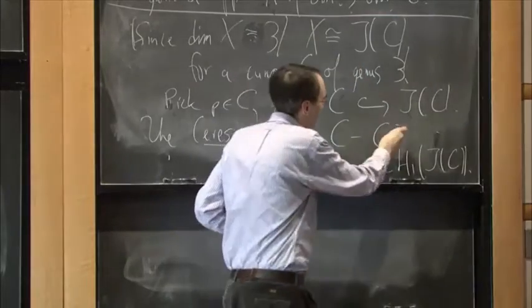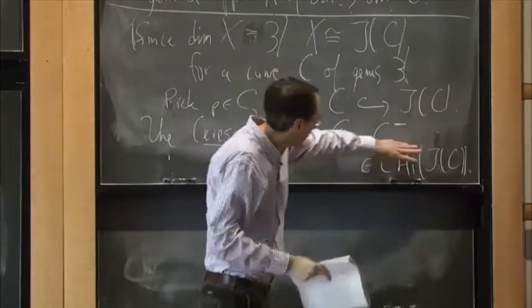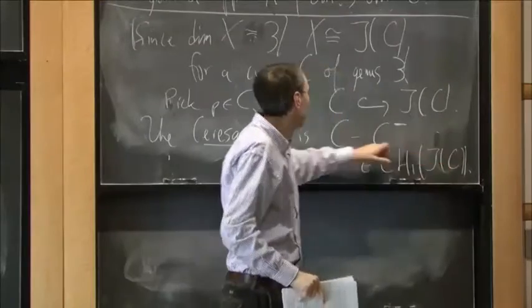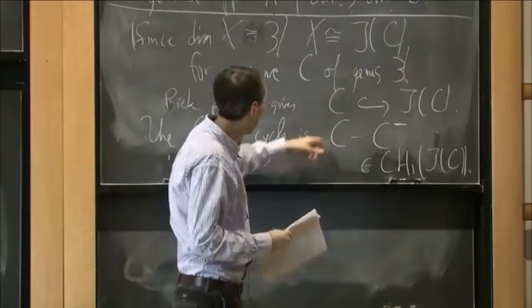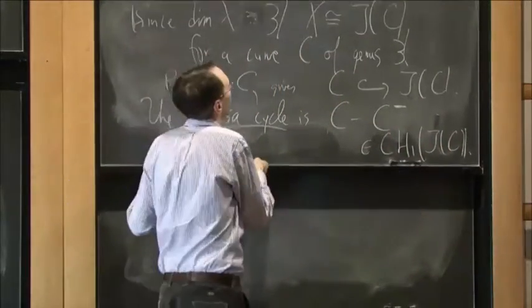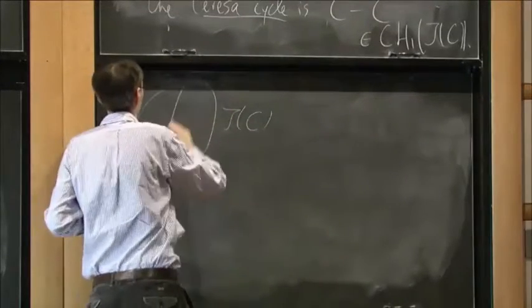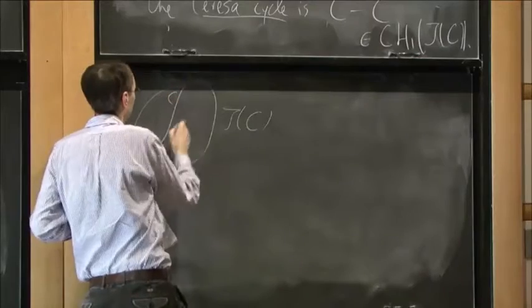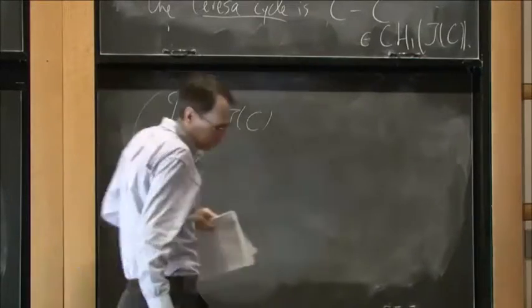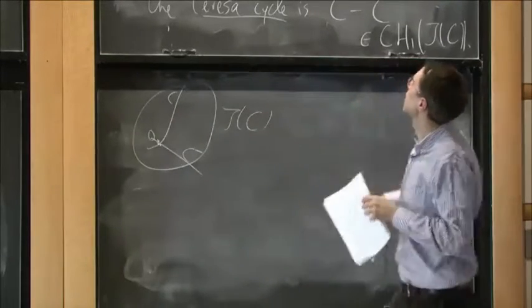So this means you apply the automorphism of the Jacobian given by -1 to this curve. Say you make the curve go through the origin. Here's 0 on the abelian variety, here's the curve, and here's its negative using the group structure.